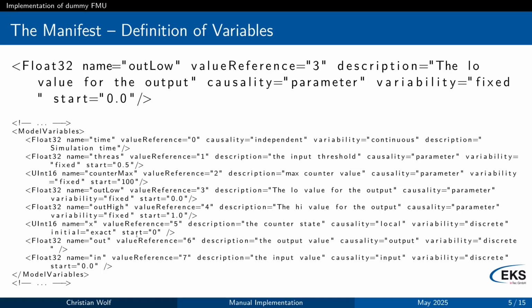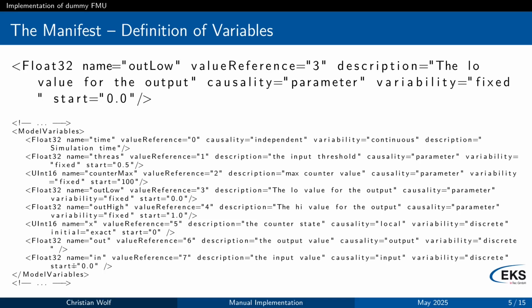Then you have the value x, which is just internal, so it's local. It's a discrete updatable value, and we start at 0. And this time it's also an integer, so it's fixed without floating point. And we have the in and the out, so this is y and this is u, and then all variables are defined as, in this case, discrete inputs and outputs with a start value for the input.